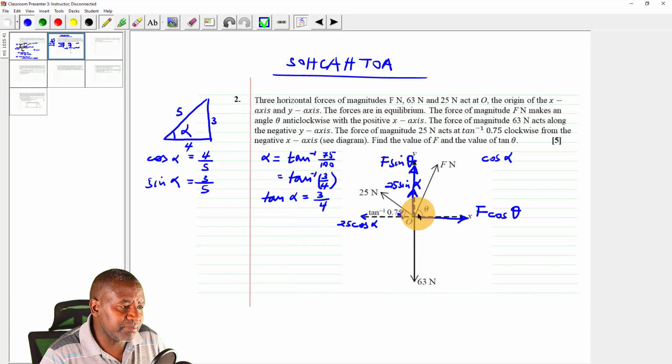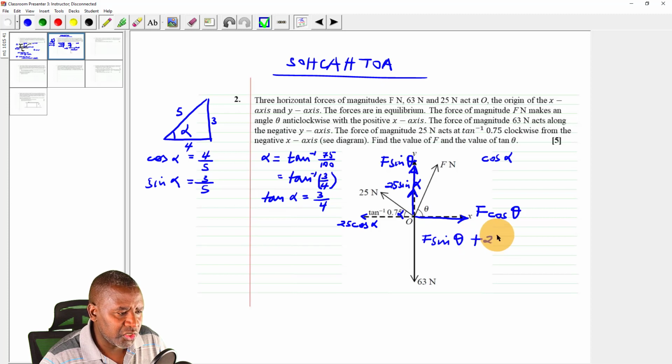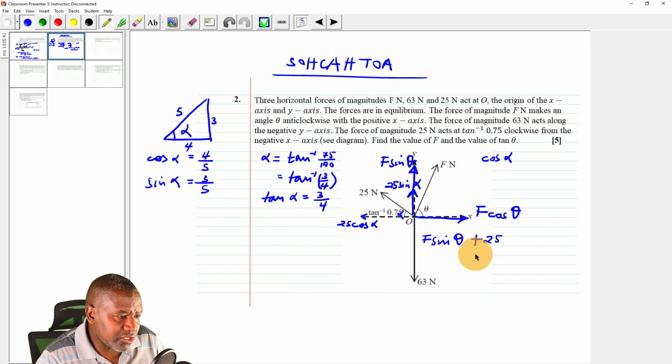So the system is in equilibrium, so I'm going to get the sum of the upward forces, which is F sine theta plus 25 sine alpha. Sine alpha is 3 over 5, so I can just multiply it by 3 over 5 directly. So this plus this should be equal to 63.